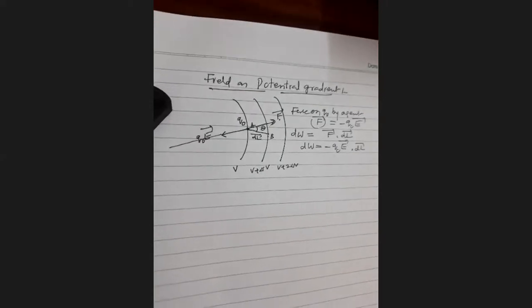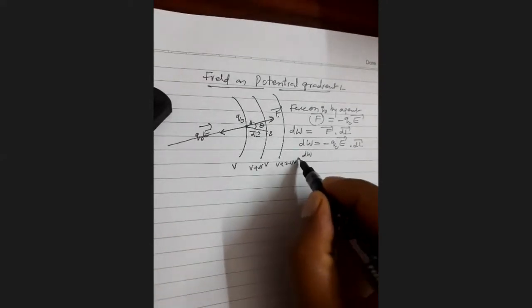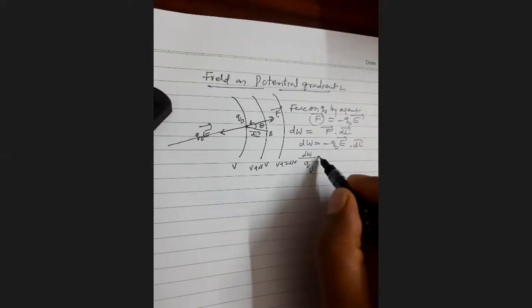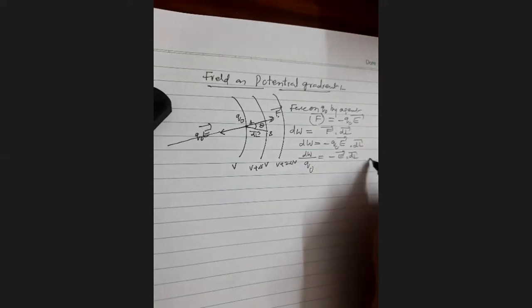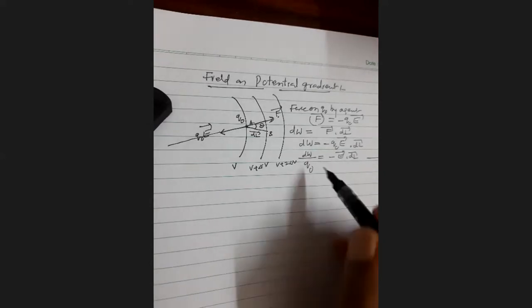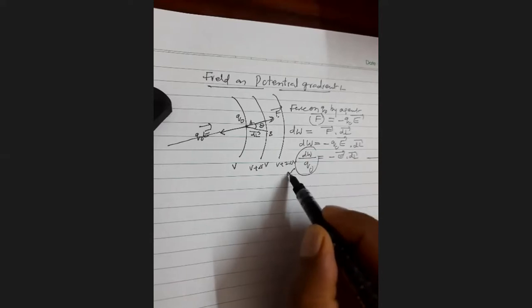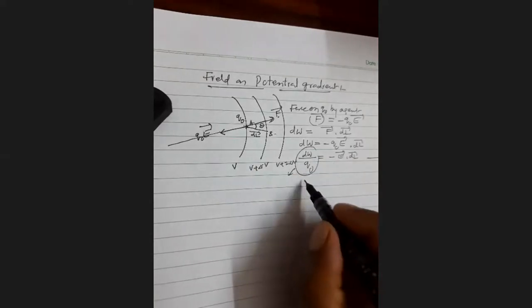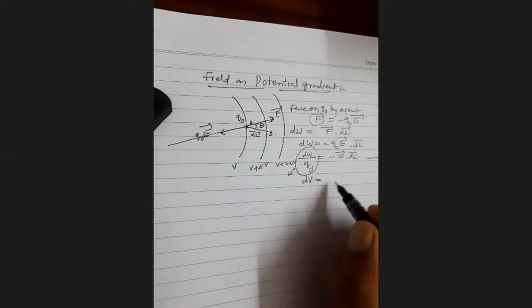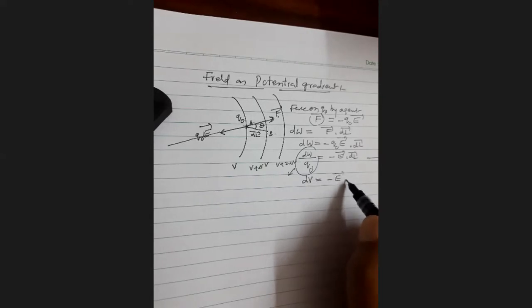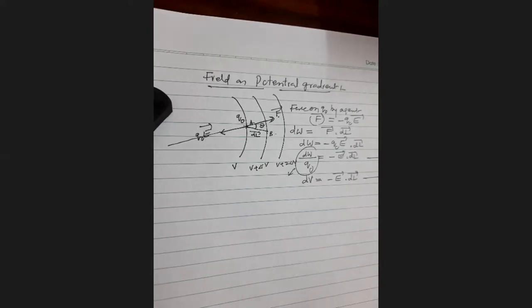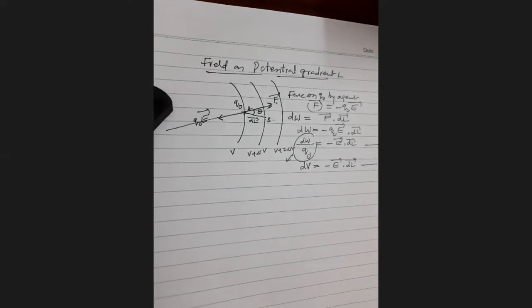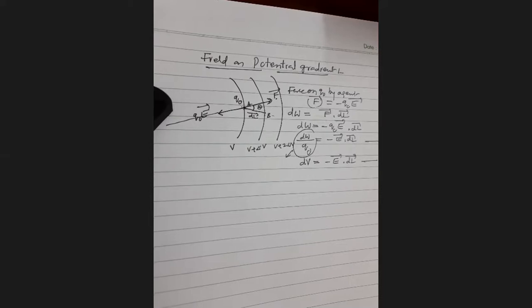From this, dW by Q0 is equal to minus E bar dot dl bar, equation 1. But dW by Q0 represents the potential difference between these two points. So we write dV equals minus E bar dot dl bar, equation 2, where dV is the potential difference between the points A and B.